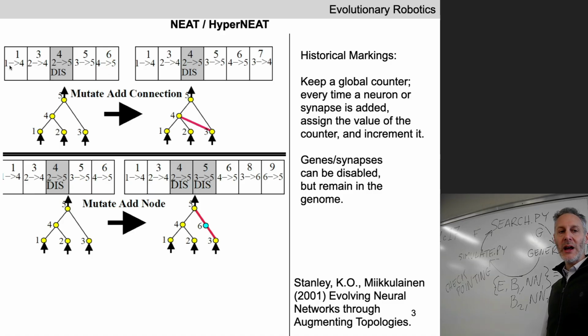Because I'm going to use this shorthand. Synapse 1 wires neuron 1 to 4. Synapse 3, down here, wires neuron 2 to 4, and this particular synapse that wires neuron 2 to 5 has been disabled. No connection here. These numbers at the top here, these are the innovation numbers, which we haven't talked about yet. We'll come back to the innovation numbers in a moment.